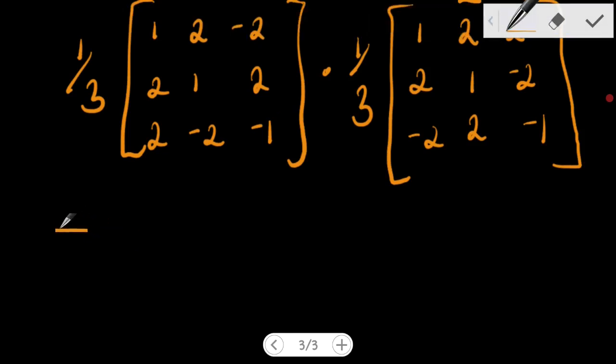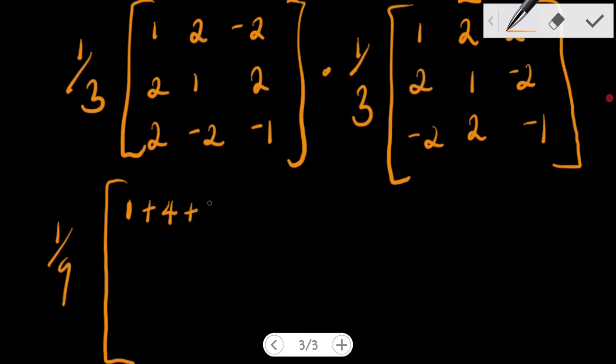Now let's multiply what is inside, row by column. 1 times 1 gives 1, plus 2 times 2 gives plus 4, then negative 2 times negative 2 gives positive, plus 4.